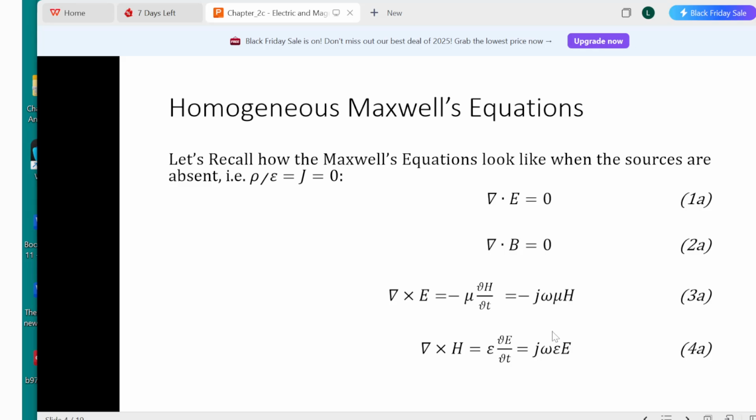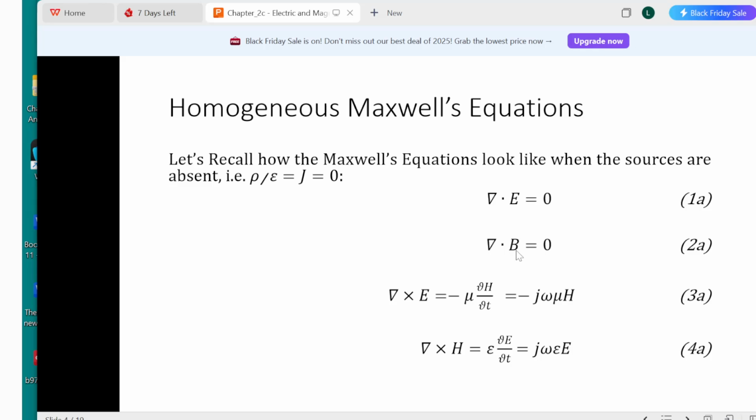So now let's recall what we have learned in Maxwell equations. If we are dealing with a sourceless medium, so there will be no current, no charge, then we will have this set of Maxwell equations. The first one represents Gauss's law.